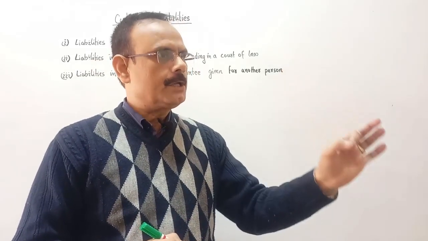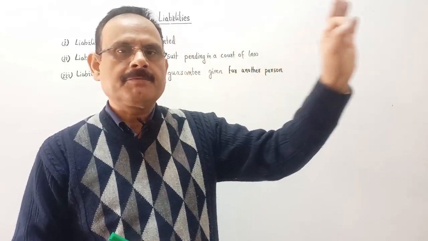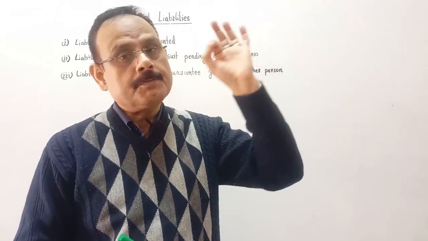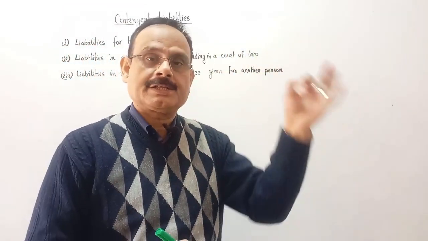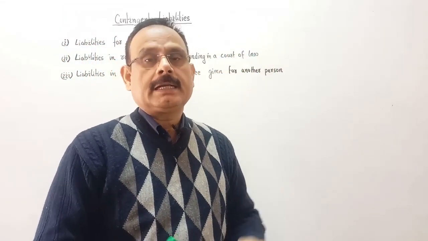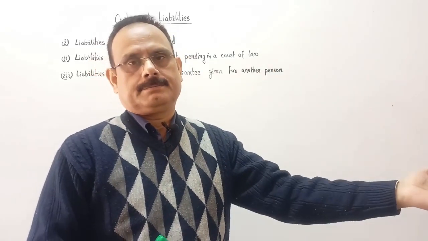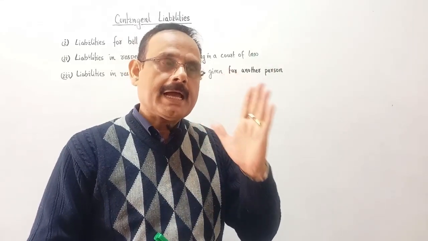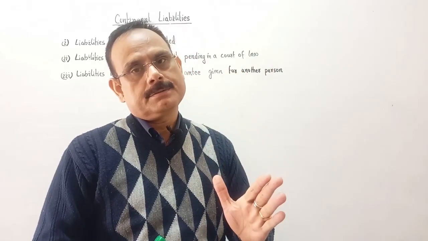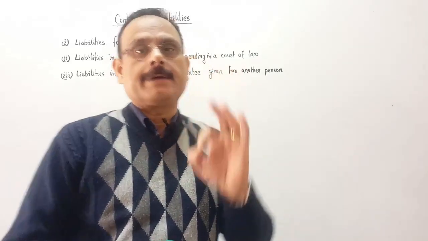So whatever loan my friend has taken has to be repaid by my friend to the bank. If the loan is not repaid by my friend, or he is a defaulter, then I will be liable to pay the amount to the bank, because I am a guarantor. So if any guarantee is undertaken for another person, then it's a contingent liability.